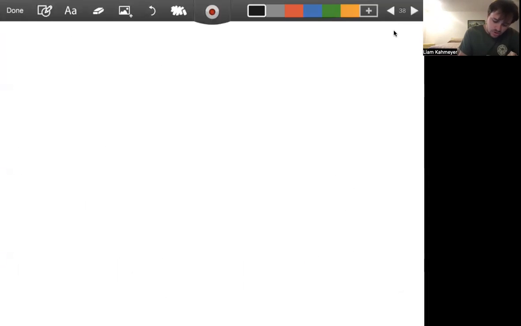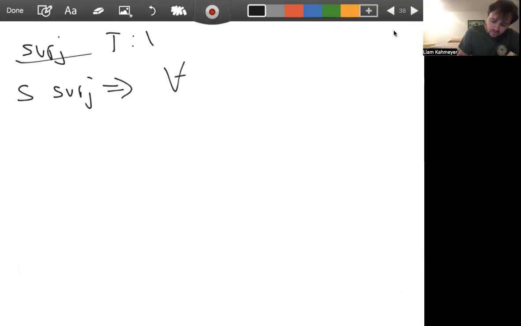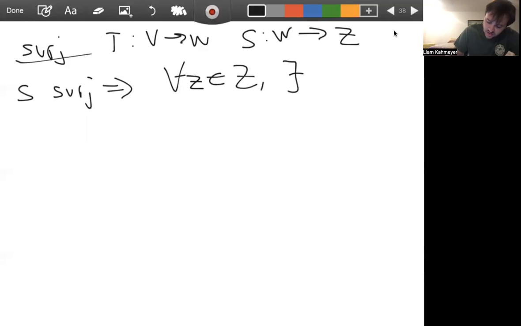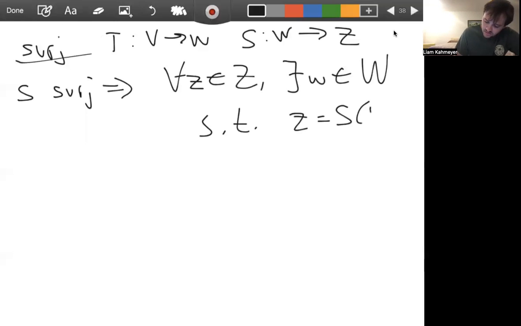Cool. We need to show that it's surjective and injective. I think I did surjective first for this one, so let's do surjective first. Remember, T is going from V to W, and then S is going from W to Z. S surjective means for all z in Z, there exists a w in W such that z equals S of w.